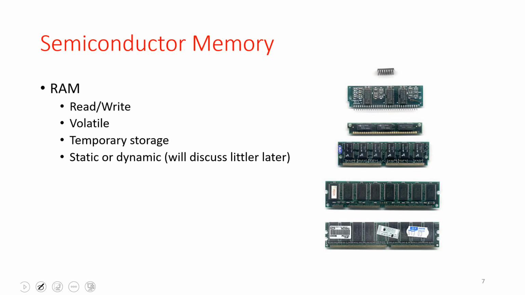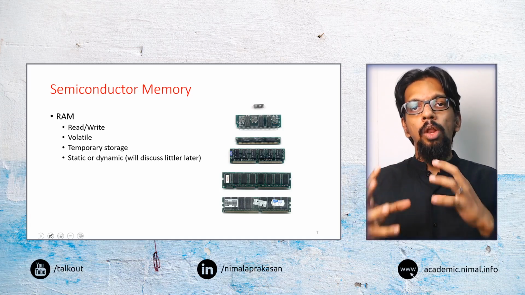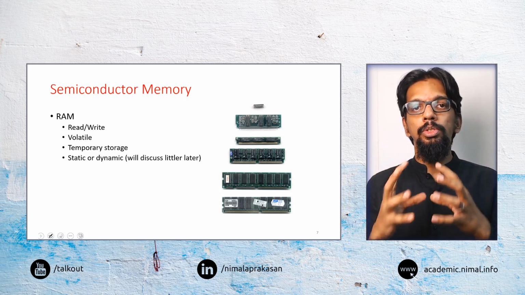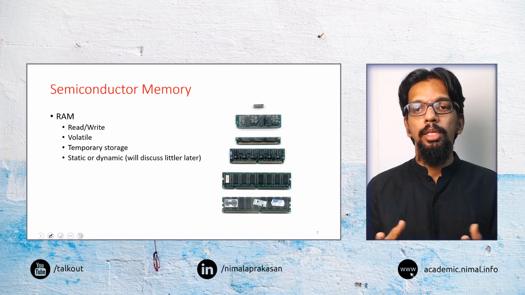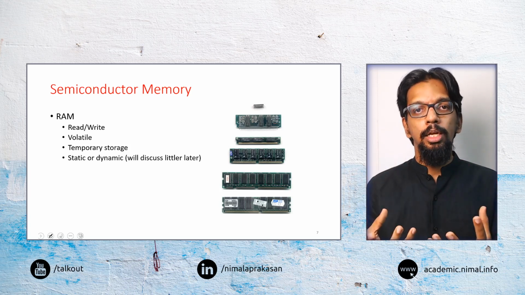So now, if we think about the memories that are used in a computer system, one of the common categories or technologies that may be used to construct these memories is semiconductor materials. These types of memories we would identify as semiconductor memory.